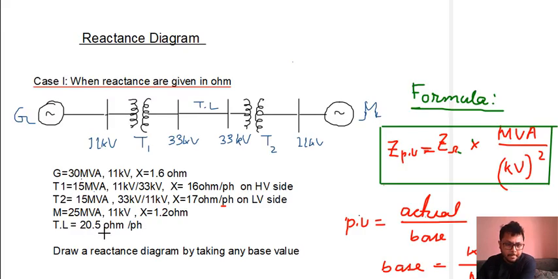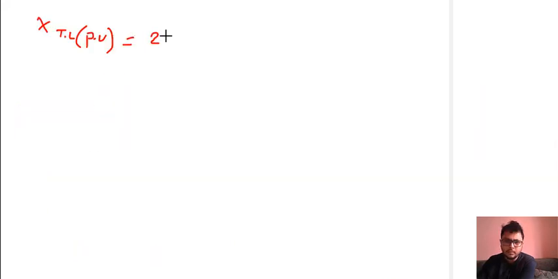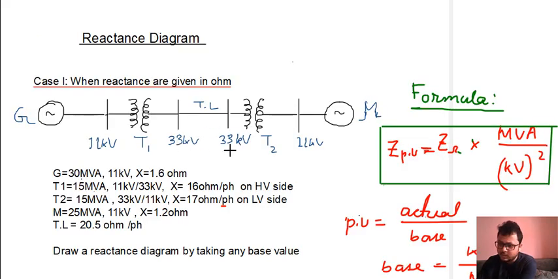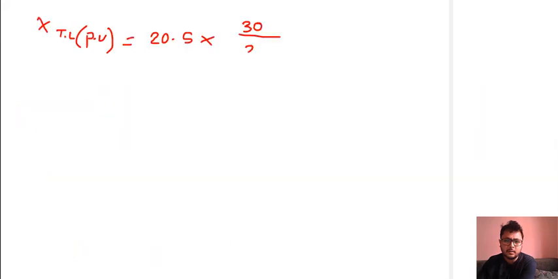The reactance of the transmission line in per unit: the reactance given is 20.5 ohm, and we have to calculate in per unit, so 20.5 into MVA 30, and it is connected to 33 and 33, so divided by 33 square, which equals 0.564 per unit.